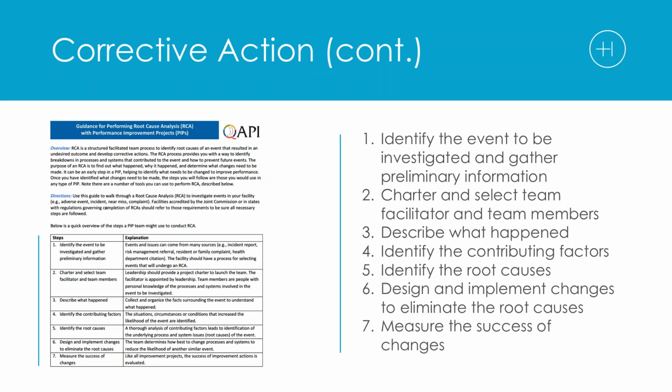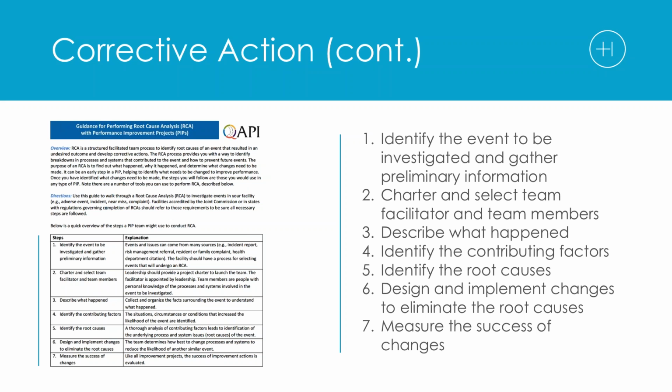But you want to make sure you're narrowing it to identify the actual event of concern. You don't want to say, I'm going to look at all billing in our hospital. You'll never finish that one, okay? You want to say, why did pharmacy overbill from October 1st to November 15th? Okay, you want to be specific.